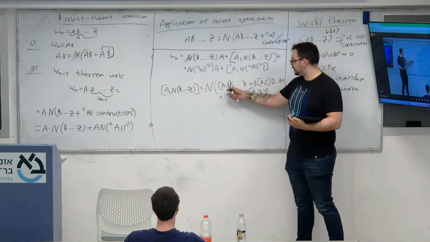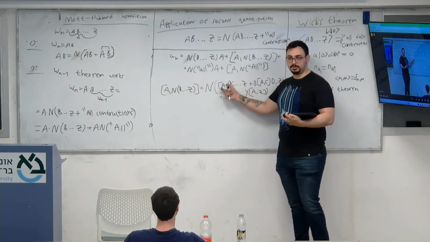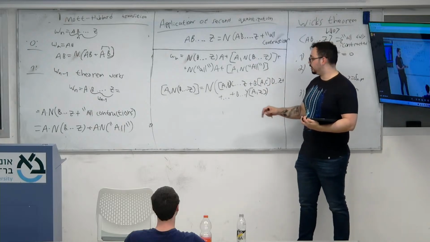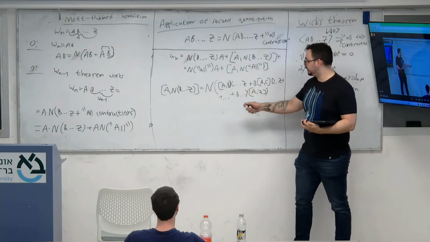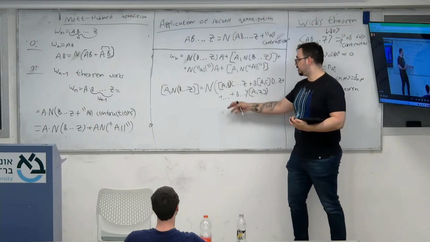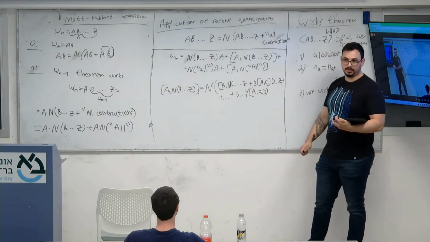And since all these commutators are just numbers, and all of these operators are already in normal order, I just expanded the normal order to apply to everything.